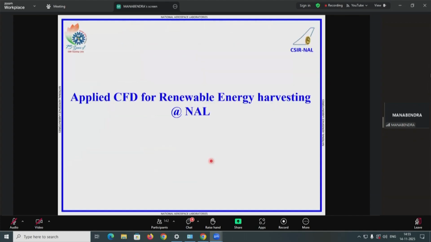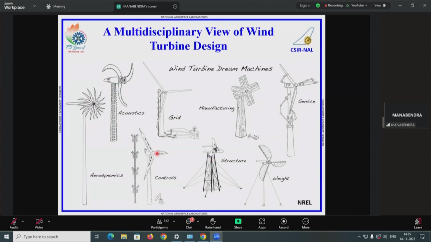And now, having said all these picturesque stories, let us have a look at some of the areas in wind energy harvesting where we try to apply the capabilities of computational fluid dynamics to have a more efficient system. Now, this is a nice comic from NREL, which says that if you leave the design of a particular system, in this case the wind turbine, to the respective disciplines, how would they physically look?